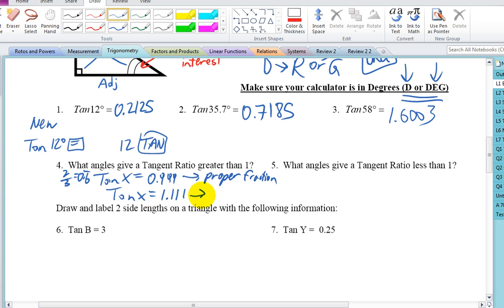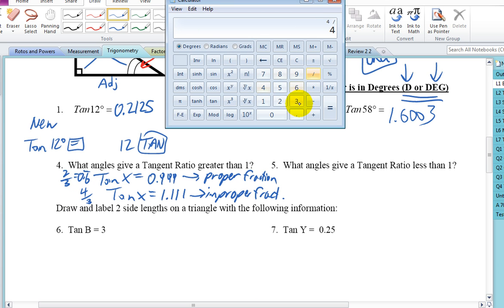But this one will be an improper fraction, such as 4/3. Okay? So if you go to your calculator and go 4 divided by 3, look at your ratio. It's bigger than 1. If you go 5 divided by 4, it's bigger than 1. If you go 4.1 divided by 4, those ones are close, still bigger than 1.